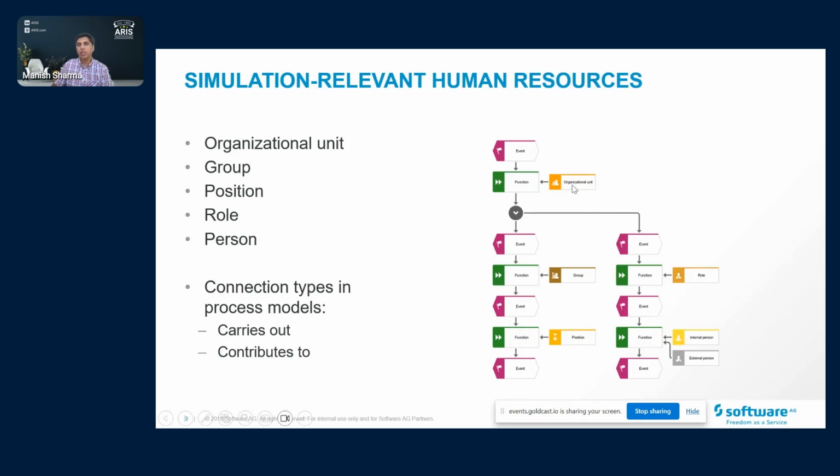So you do need to maintain who carries it out and how many people are involved in each of these capacities. So if there is a role that carries out this function, then how many people are in this role? If there is an organization unit like a quality assurance organization that carries out the quality check of a particular product, then how many people are in that quality assurance department?